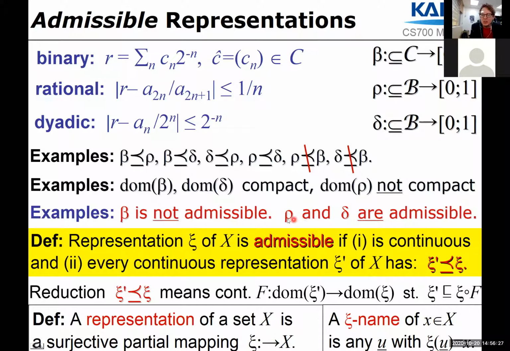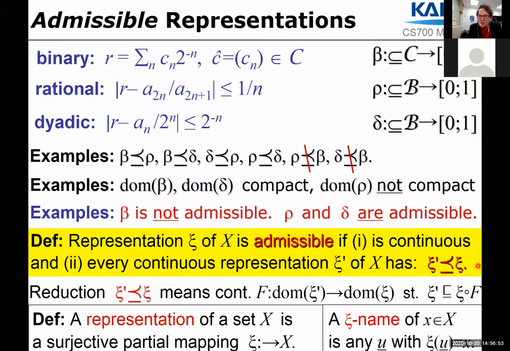Whereas the representations rho and delta are both admissible, they're both continuous, and they both satisfy this maximality requirement that any other representation can be reduced to them. I'm not going to prove the latter, but I'm going to prove something more general on the next slide, so please stay tuned.